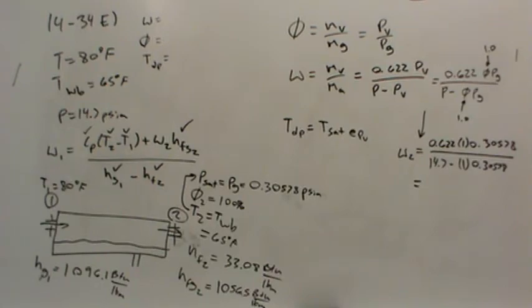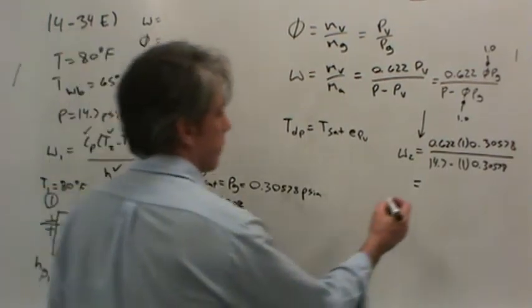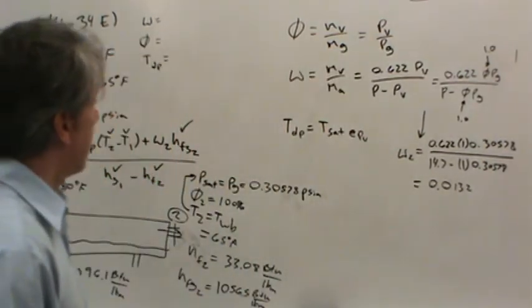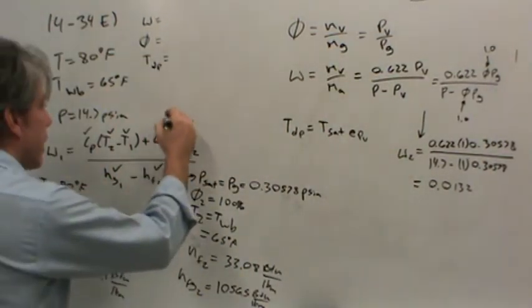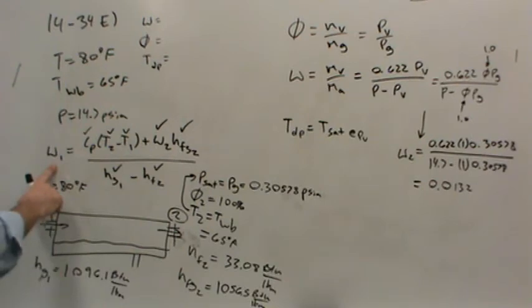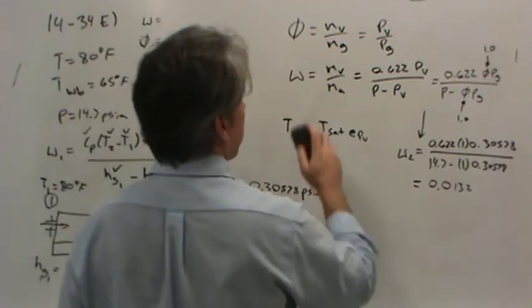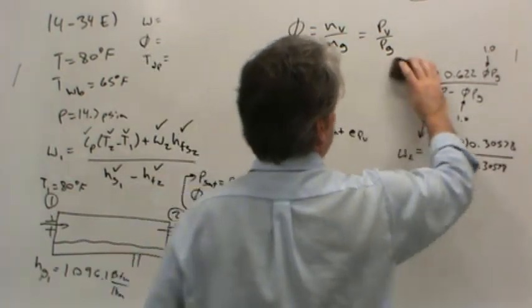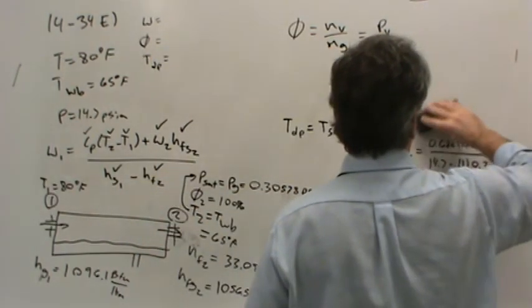0.0132, okay? Well, now that we've got that, we can calculate the absolute humidity of the original 80 degree Fahrenheit air. Let me get rid of that because we're going to need the space here in a minute.